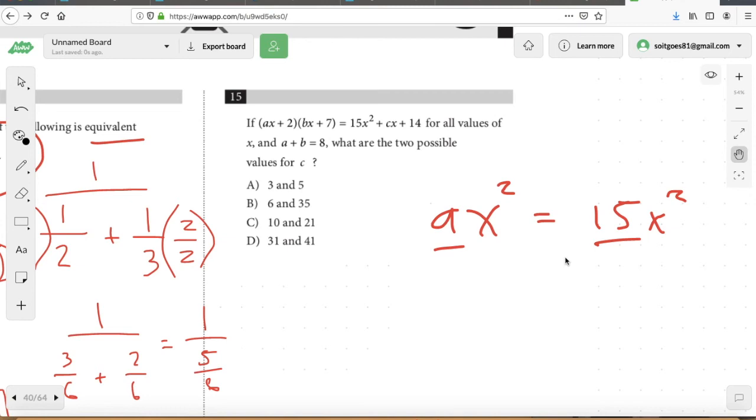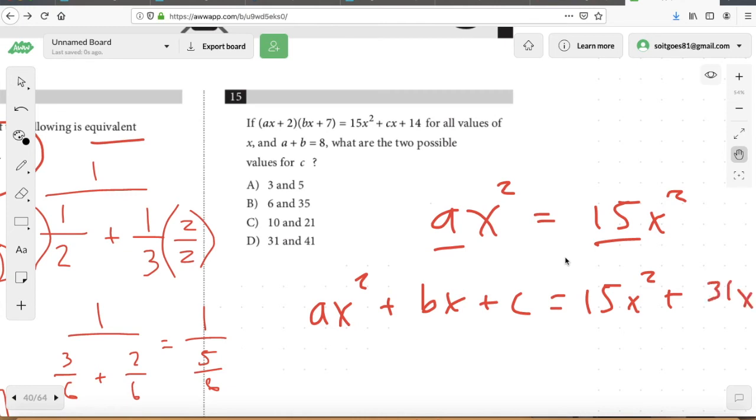And so they're testing us on this exact same thing here. The coefficients are going to have to match up. I could write it out in a more complicated way, right? If ax² + bx + c equals 15x² + 31x + 14, those coefficients are going to have to match up.